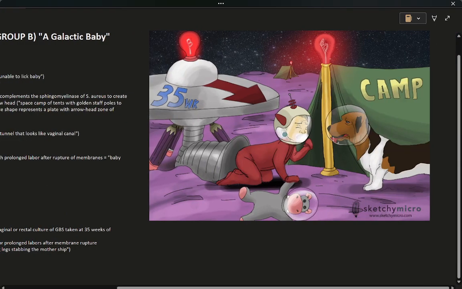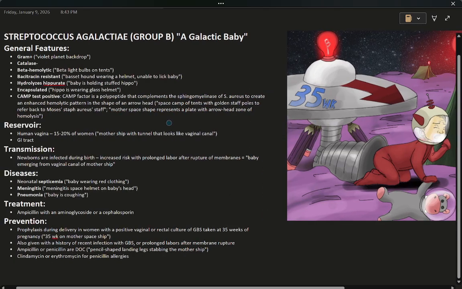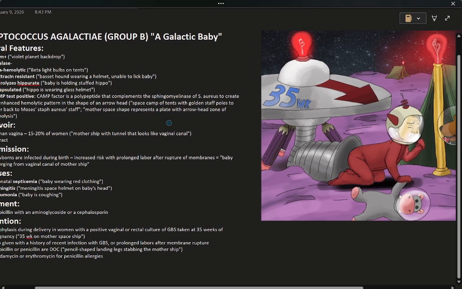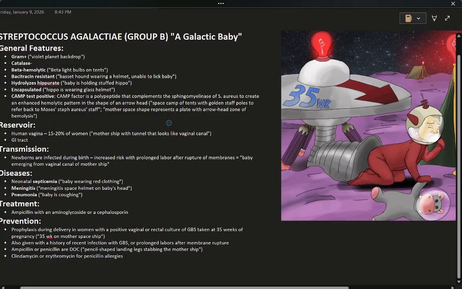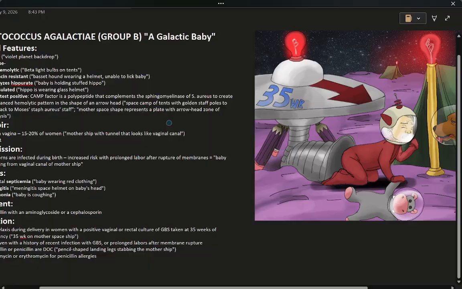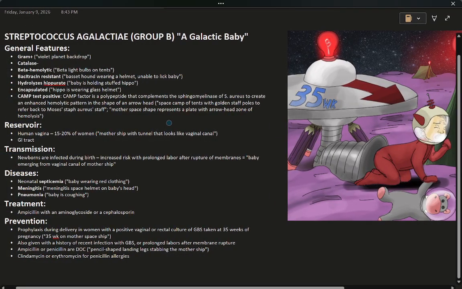So you have the golden staff poles that are shaped like an arrowhead. And then the mother space ship shape represents a plate with an arrowhead zone of hemolysis.